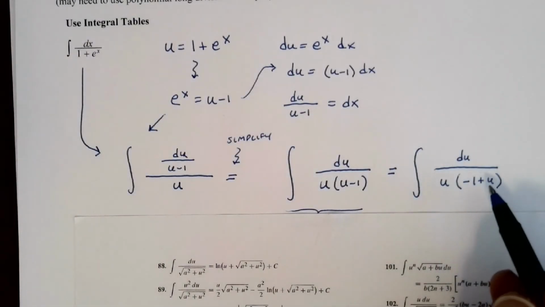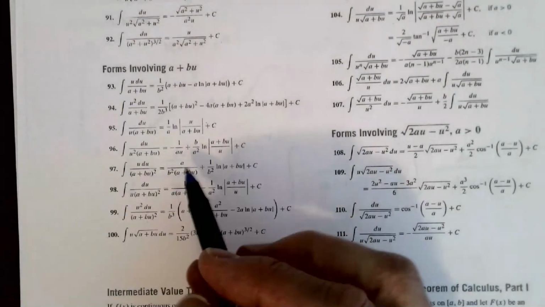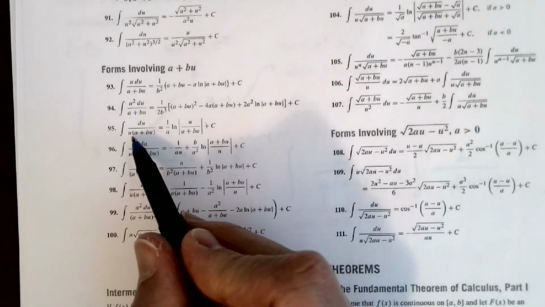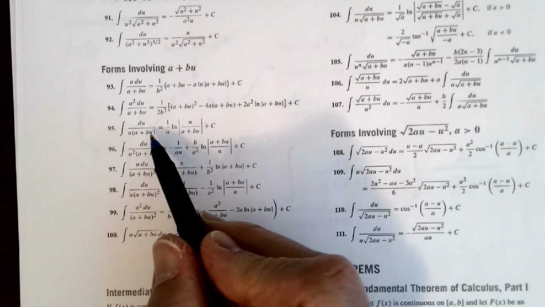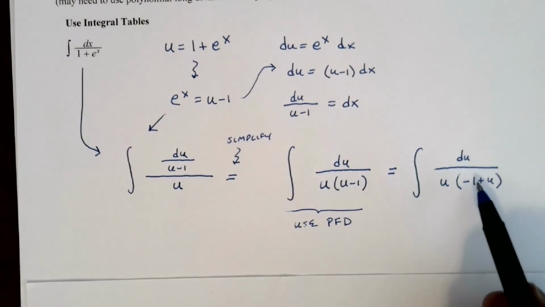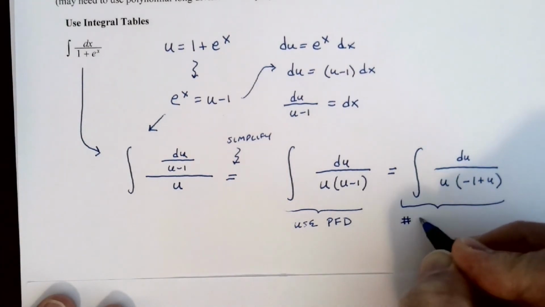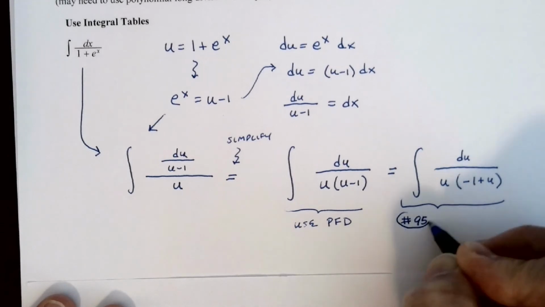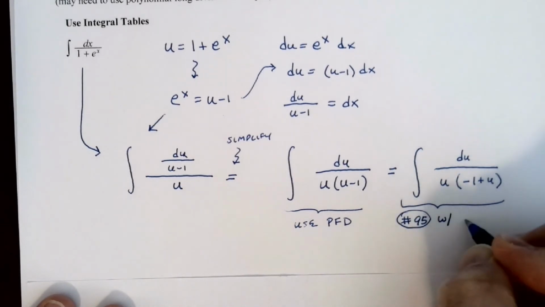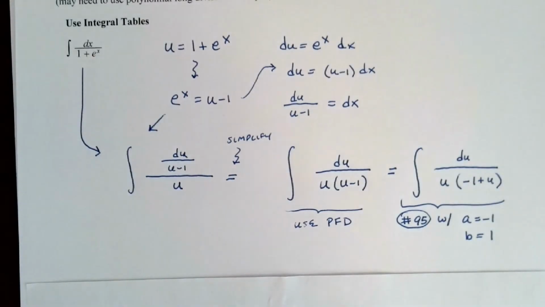Take a look at number 95, u times a plus bu. What's a going to be? Negative 1. Plus bu, what's b going to be? 1. So this is also number 95 with a equal to negative 1 and b equal to positive 1.